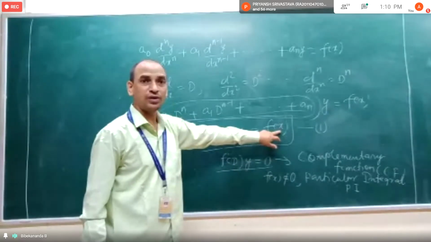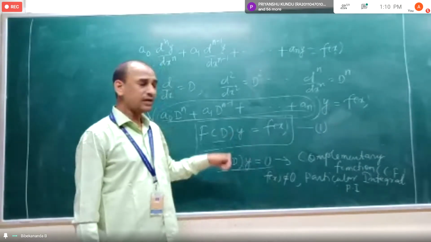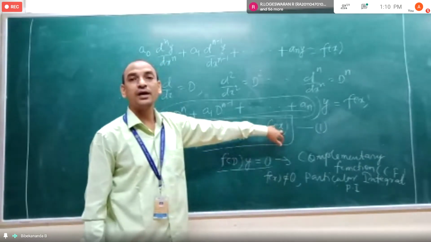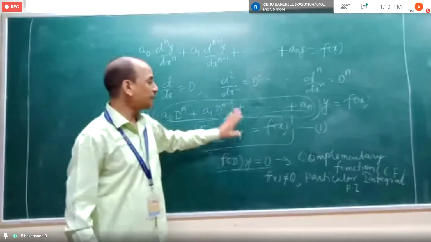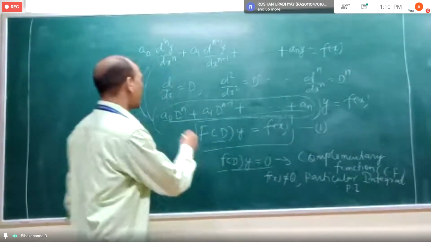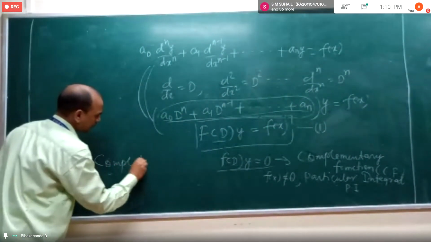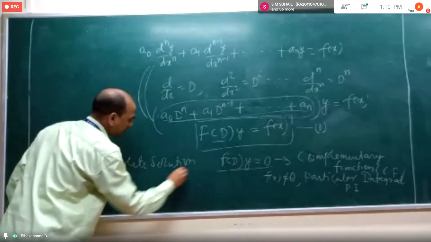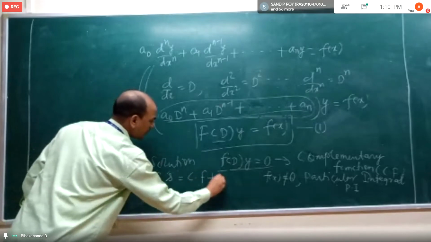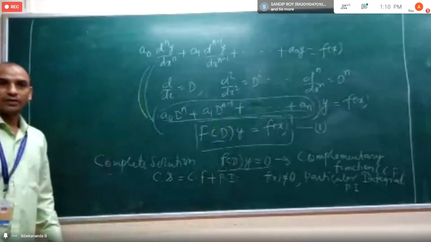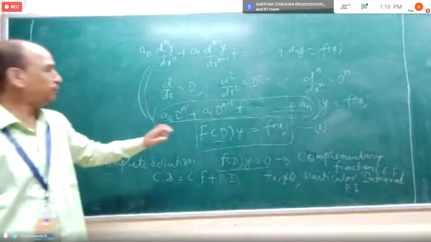If f of x is non-zero, I find the complementary function by taking f of d of y equal to 0, and I have to find the particular integral for the non-zero f of x. So two parts will be there. After finding CF and PI, the complete solution, in short form CS, will be complementary function plus particular integral, when f of x is non-zero.